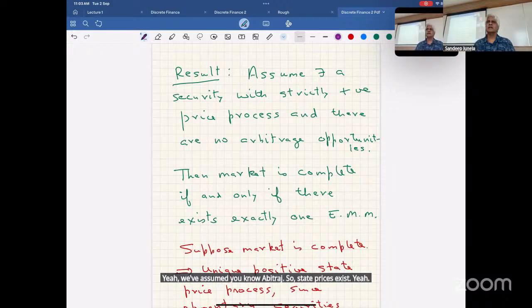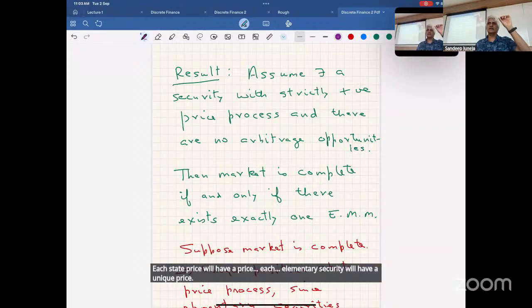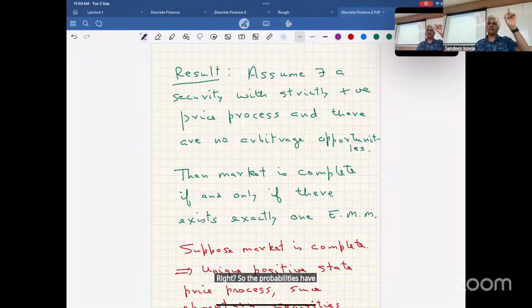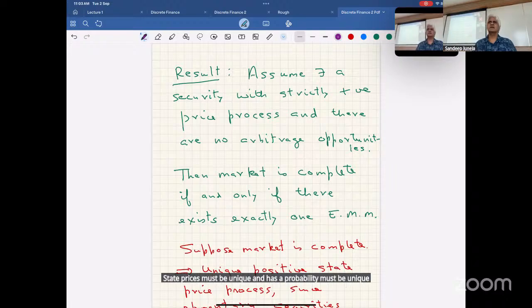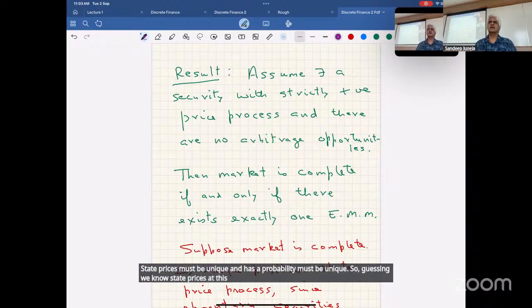And because the market is complete, each elementary security will have a unique price. So the probabilities have one-to-one matching with the state prices. State prices must be unique, and hence the probability must be unique. So we know state prices exist, and because the market is complete, they must be unique. And that then implies the EMM is unique. That's right, exactly.